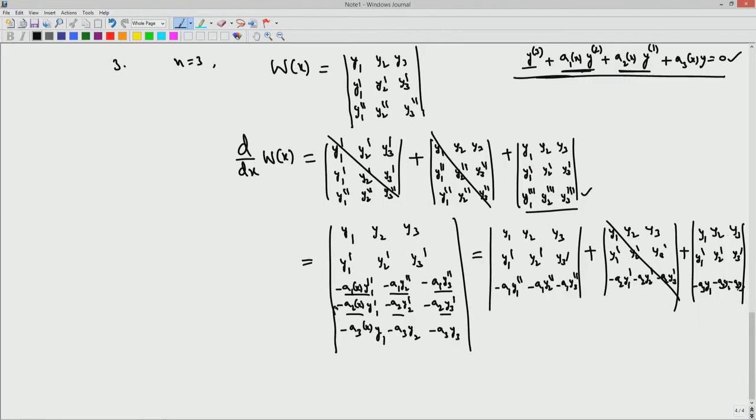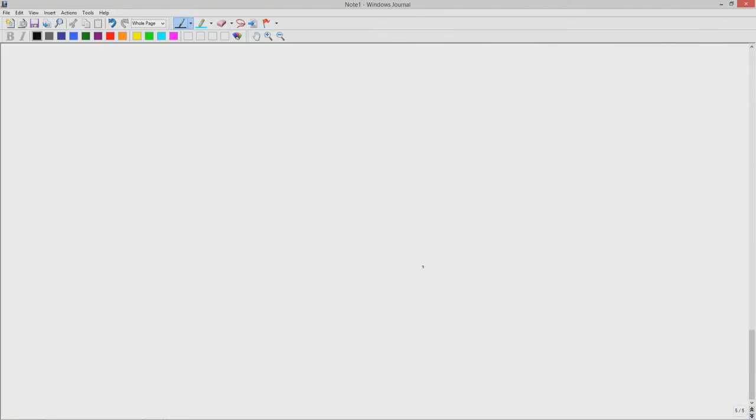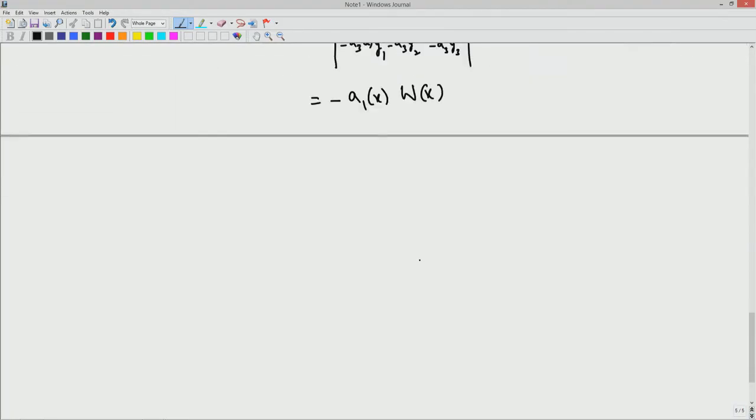So this is also 0, because the first row and last row are same. So what you are left with is minus a1 of x, which you take out, and whatever is the determinant is Wx. So this is your dW by dx.